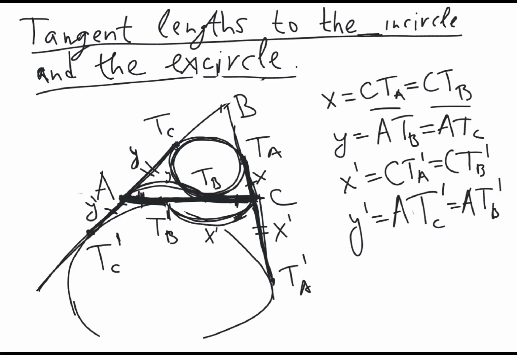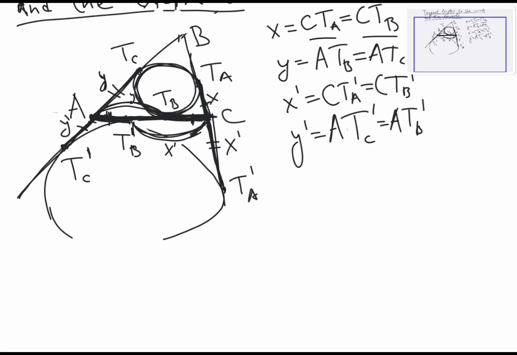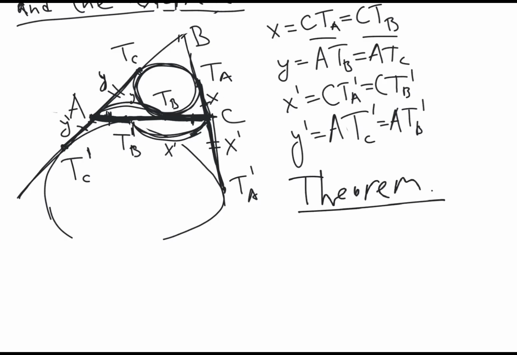So now the theorem states basically that X is equal to Y prime and X prime is equal to Y.